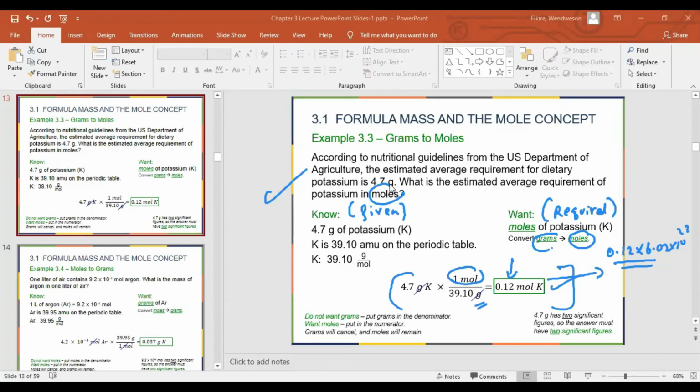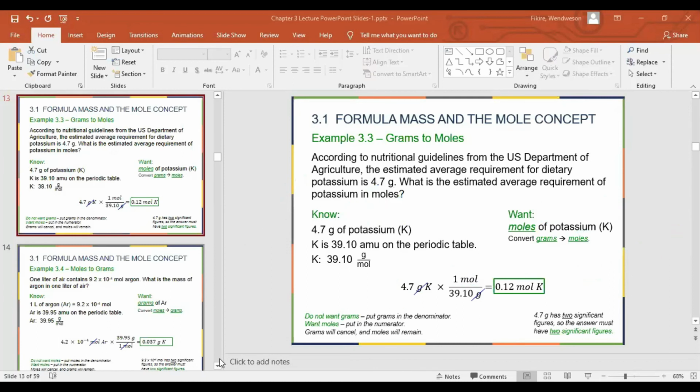They just said, what is the estimated average requirement of potassium in moles? You see, they stop here at moles. If they say, how many particles of potassium are there? If there is the word how many, Matt, then we would have to multiply 0.12 by 6.02 times 10 to the power of 23. However, it was not asked, so they wanted the equivalent value in terms of moles.